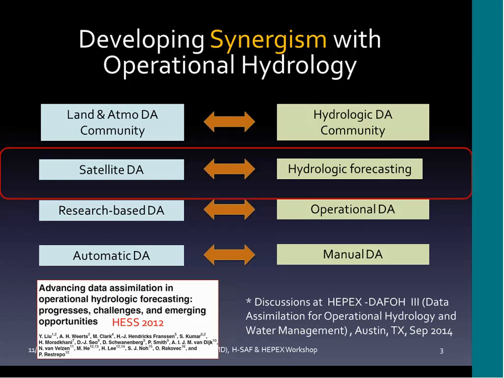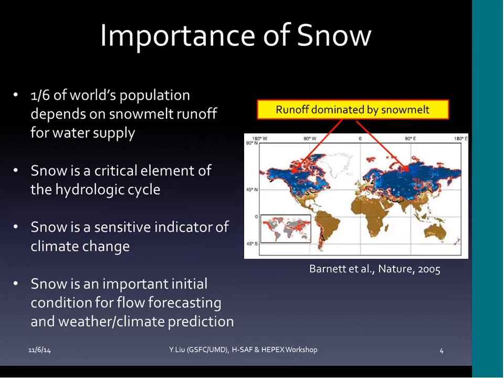So I'm going to focus on this satellite DA in this talk. And believe it or not, snow is very important for many people around the world. You look at the map there, runoff is dominated by snowmelt for a large part of the world. And it's a critical element of the hydrological cycle.